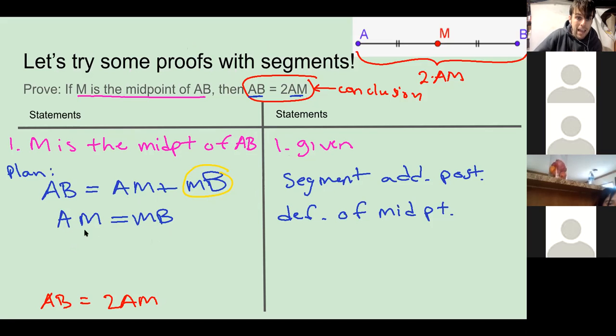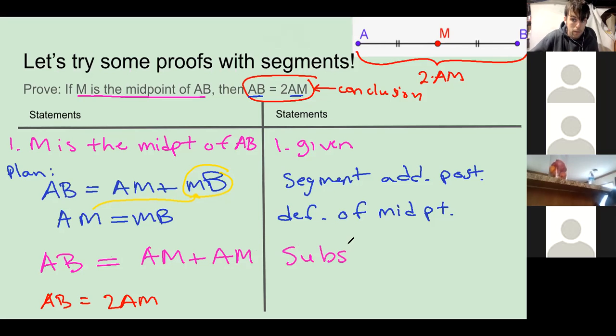I can take AM and put it where the MB was using the substitution property of equality. Because these things are equal, they can be replaced with one another anywhere we want. So that would turn this equation into AB equals AM plus AM. And that was achieved by using the substitution property.